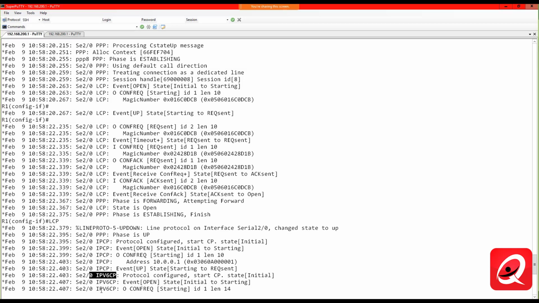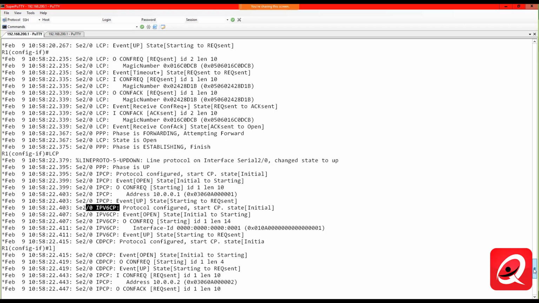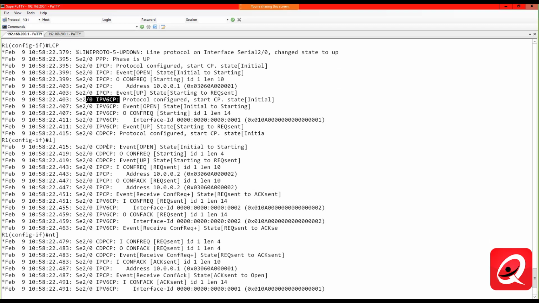Now we're going to go through and negotiate all of our NCP components. So IPCP is going to be negotiated. IPv6CP is going to be negotiated, and CDPCP is going to get negotiated. All right. You can also see that I'm actually identifying my address. Actually, this is the other side sending me a conf request, identifying their address.